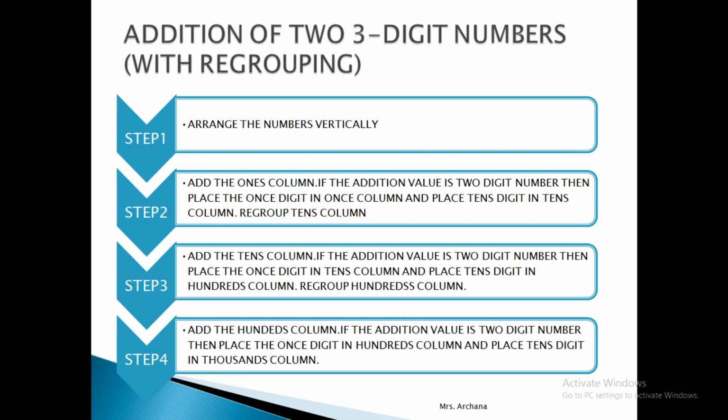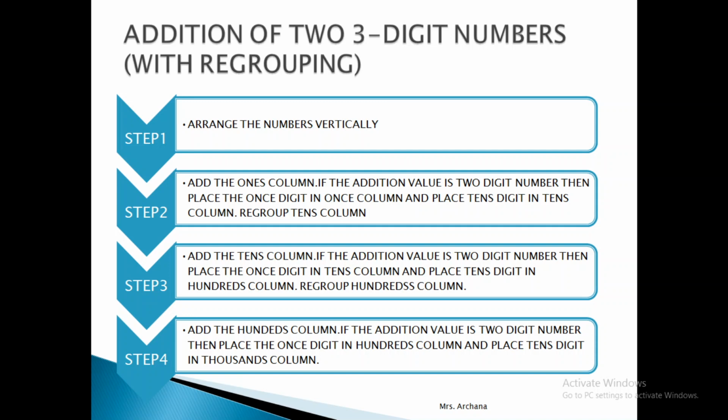Regroup the tens column. Step 3. Add the tens column. That means after regrouping you are adding the tens column. If the addition value is a 2-digit number, then place the ones digit in the tens column and place the tens digit in the hundreds column.